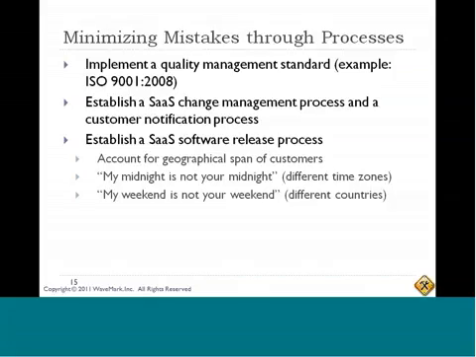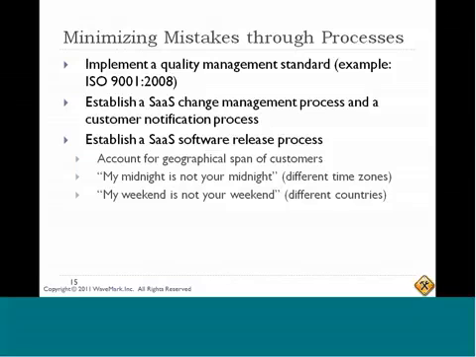Processes in such an environment are extremely important in order to minimize mistakes, whether it be at the software development level in terms of a quality management standard that you develop against, or in terms of minimizing errors of what to deploy, when to deploy it, and the requirements for establishing SaaS change management and customer notification processes, so that you don't deploy a new version without informing the customer, so they log in the next morning and have no idea what happened.